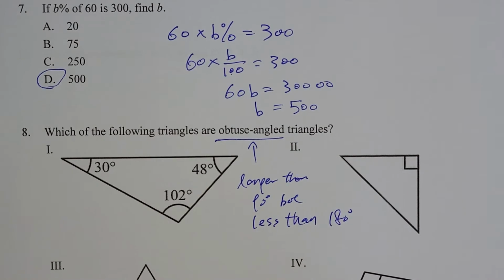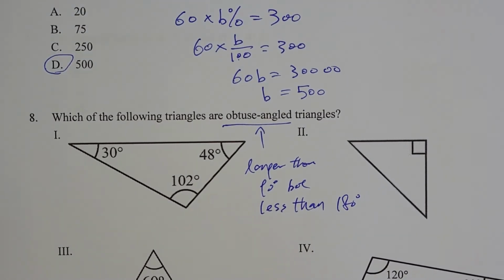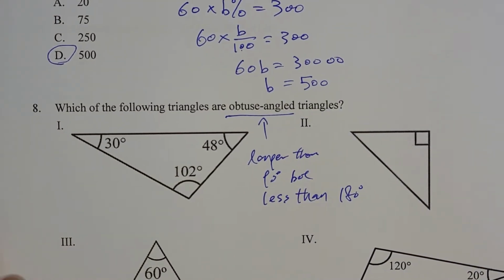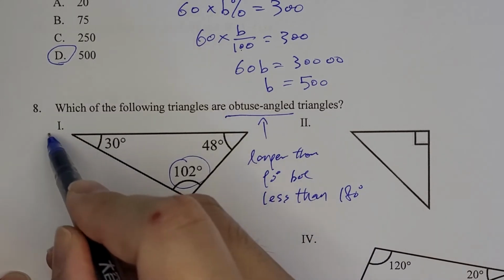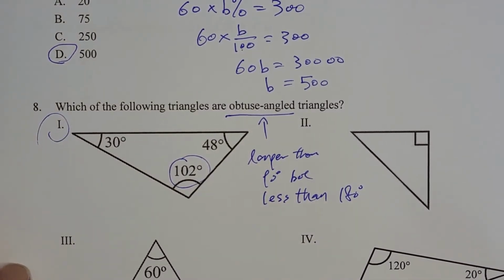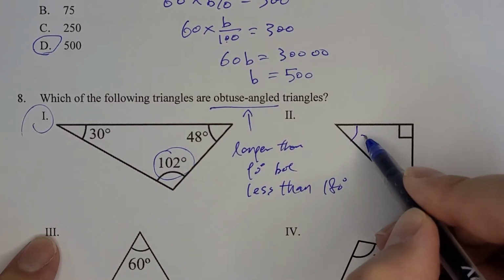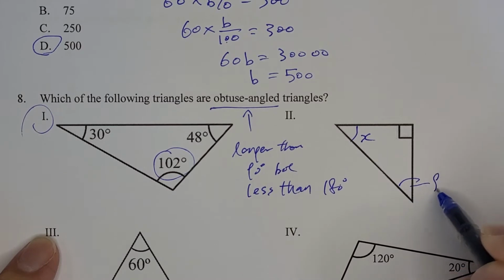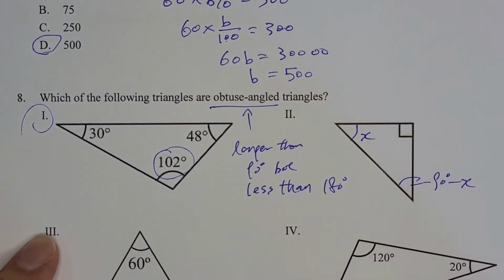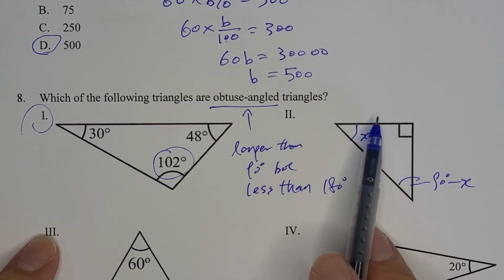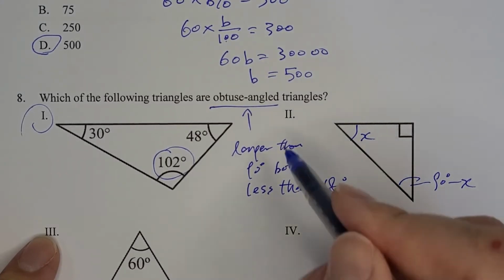So you need to find the triangles with one of the angles larger than 90 degree but less than 180 degree. So you can see that this one, the first triangle. For the second triangle, it has one right angle already. Suppose one of the angles is x and the other one would be 90 degree minus x. So both of the angles must be acute angles, must be less than 90 degree. So 2 is not the answer.